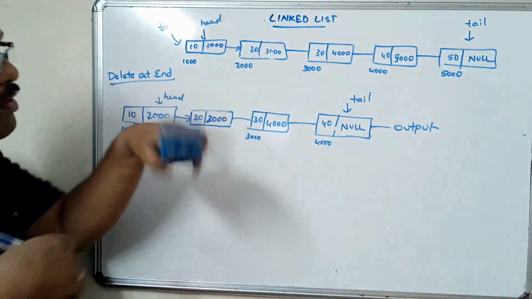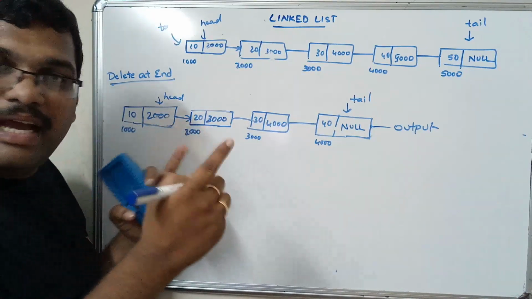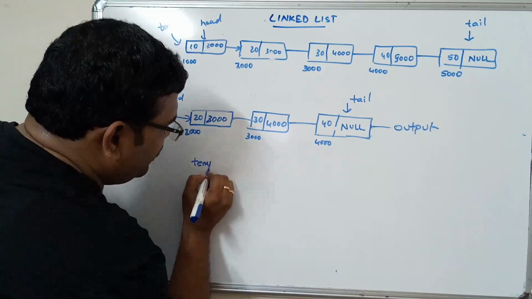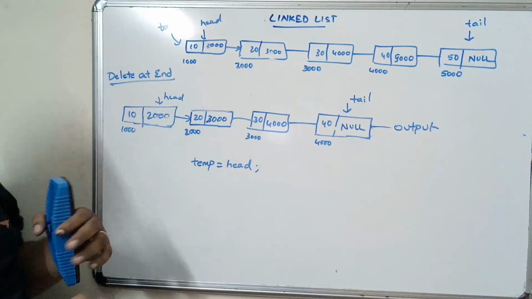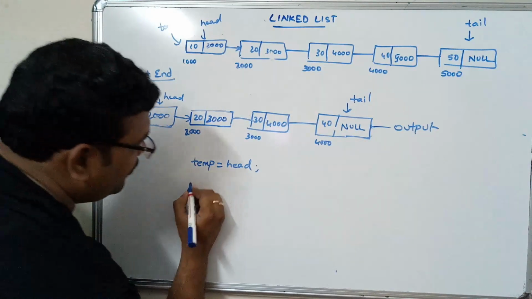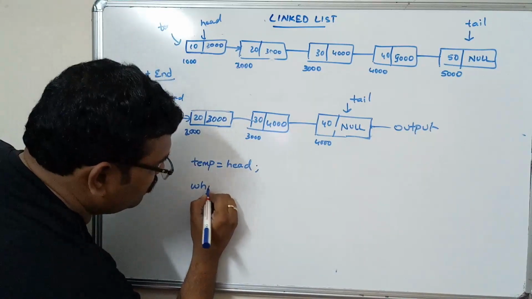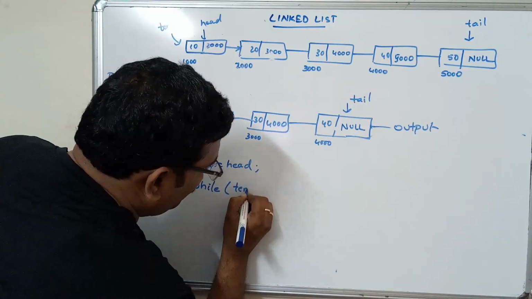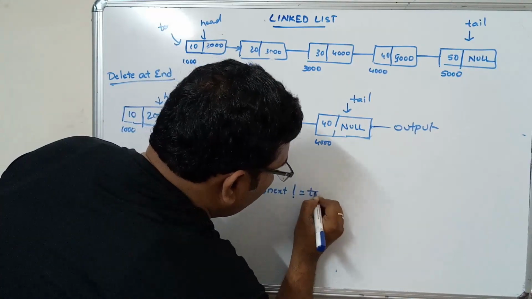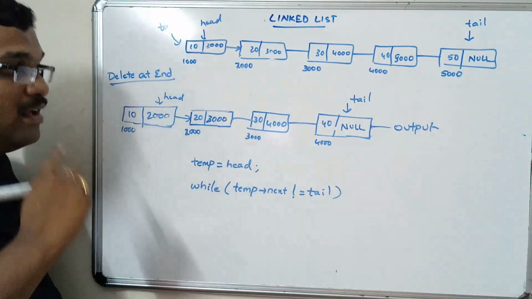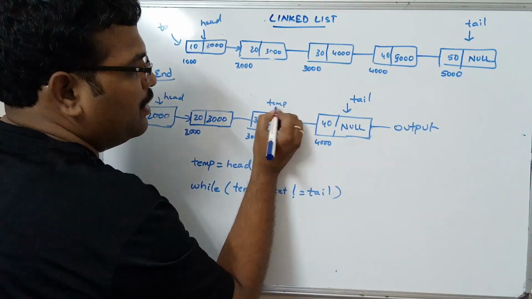So now let us see this one. Here also we should not change the head value, so that's why we are taking temporary as a head, right? We are taking temporary as head. Next, so we have to move till 30. So while temp of next not equal to tail, so it doesn't not equal to tail means here the temp will be here.